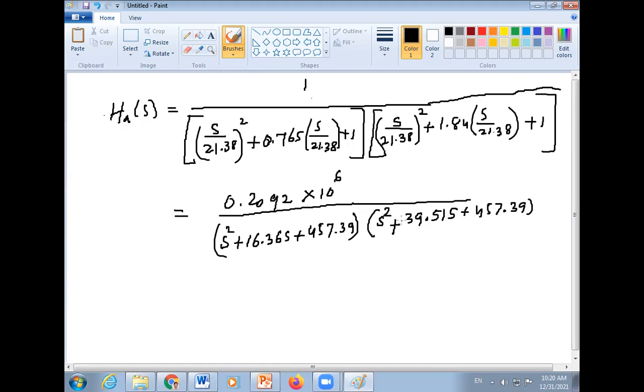So this is the way we design an analog filter for the given specification. So this is our final answer.